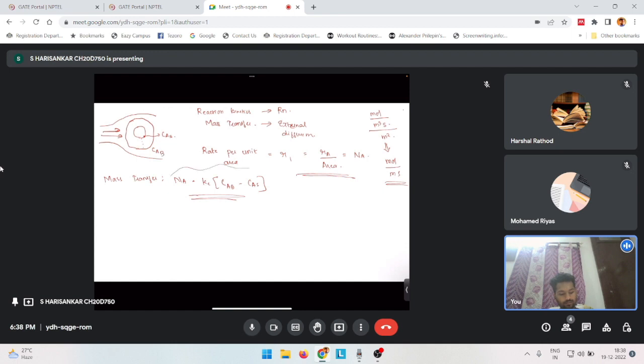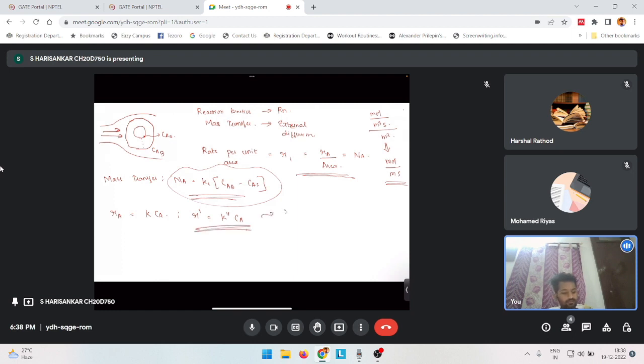So this is according to your mass transfer. Now according to your kinetics, RA is equal to K CA, right? And if we somehow take something like R1 is equal to K double dash CA.